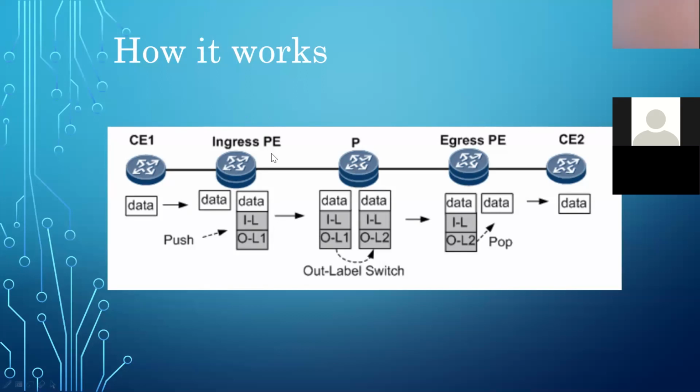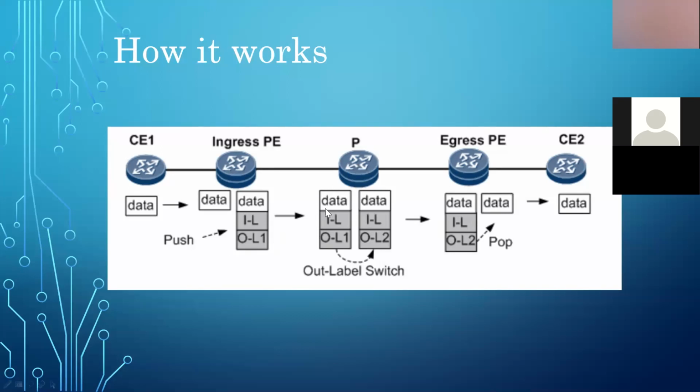And if it finds a match for the IPVPN packet on the VRF table, it adds a label, as you can see, and forwards to the next label switching router, that means the P router.